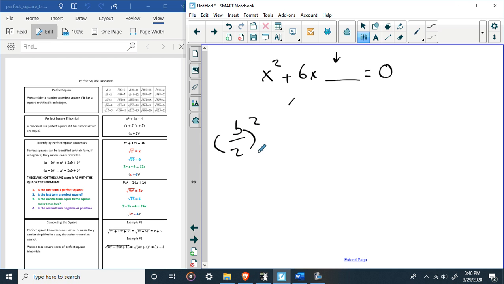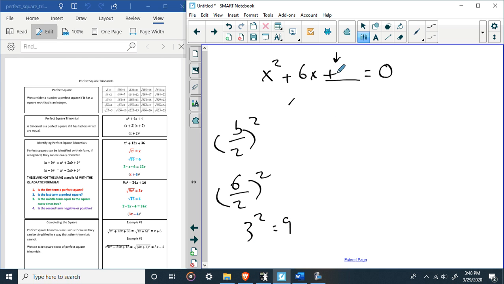We were doing that on Friday, right? In this case, a is 1, b is 6, and we don't have a c term right now. So we take our b term, divide it by 2, and square it. So 6 divided by 2 is 3, and 3 squared is 9.